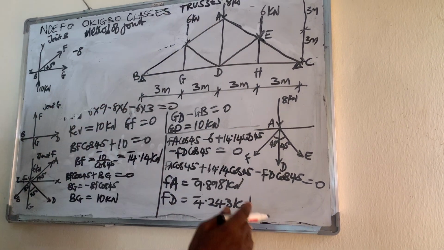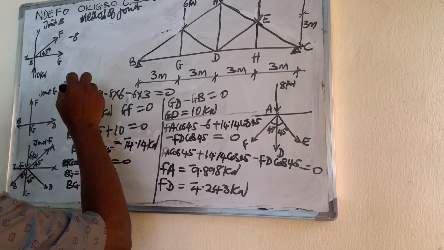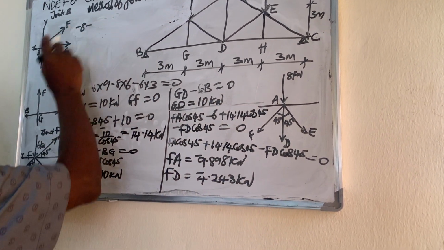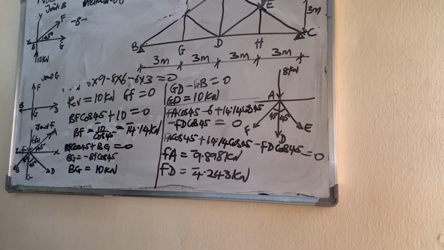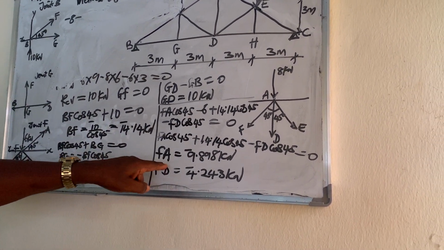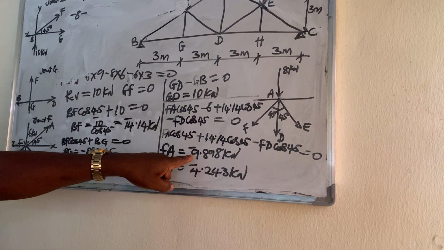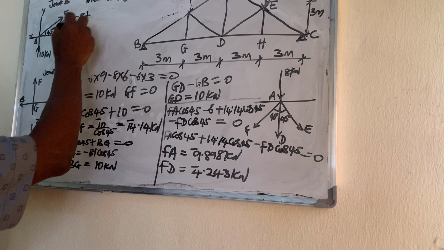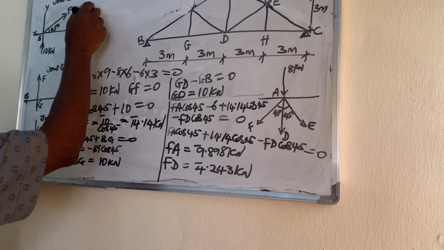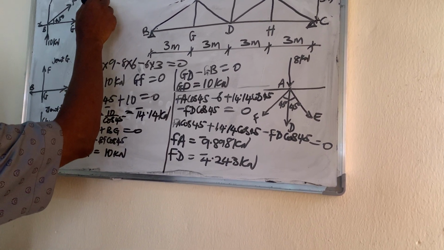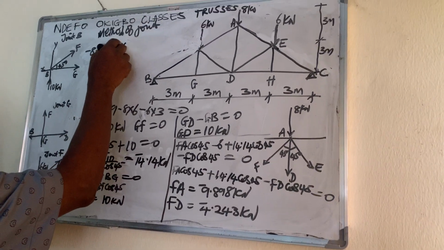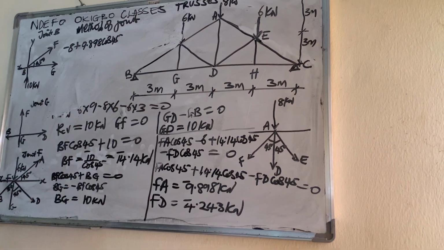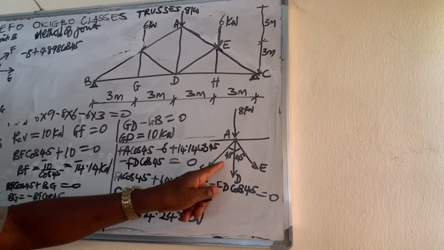Then minus FA cos 45, and we already have FA, so it becomes plus 9.898 cos 45 degrees.